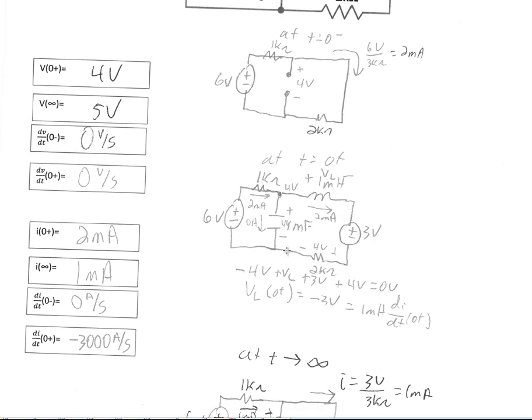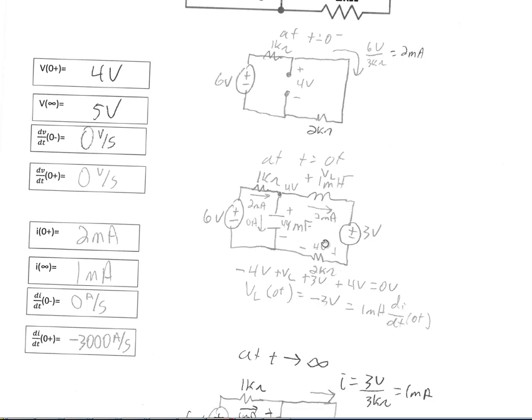We know we have 4 volts across the capacitor, plus whatever the voltage is across the inductor. That's what we're going to solve for here. Plus 3 volts, plus, now we know this has to be 4 volts because we have 2 milliamps of current going through a 2 kilo ohm resistance. So 2 milliamps times 2 kilo ohms gives us a 4 volt drop across this 2 kilo ohm resistor here.